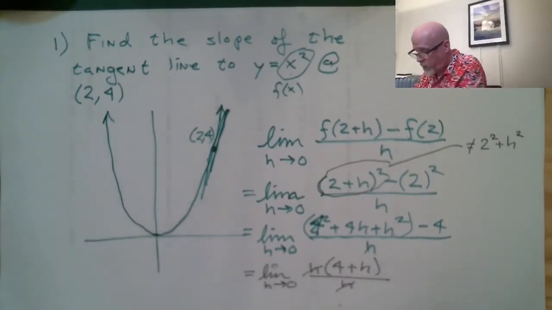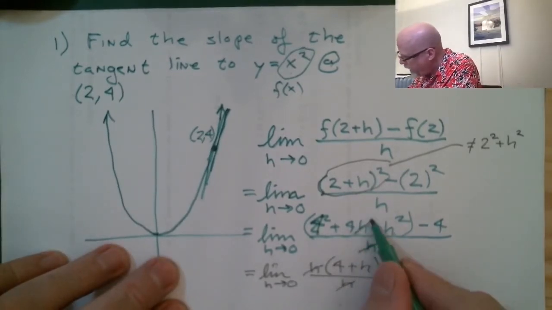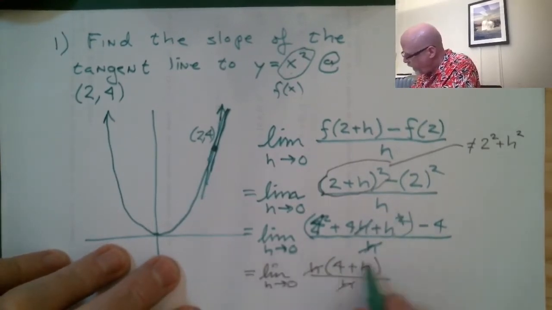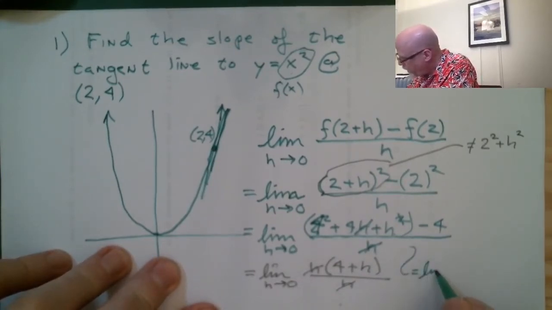So you end up getting 4 plus h. I prefer to just do this directly. Cancel this h with an h out of both of those terms. So my preferred route would be to not have to do that extra bit of algebra, but just say, okay, from here you get the limit with h going to 0 of 4 plus h.